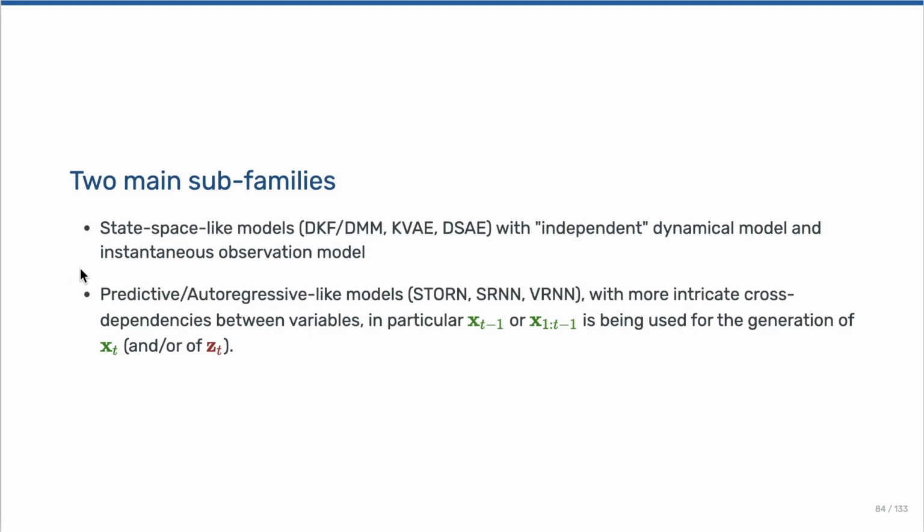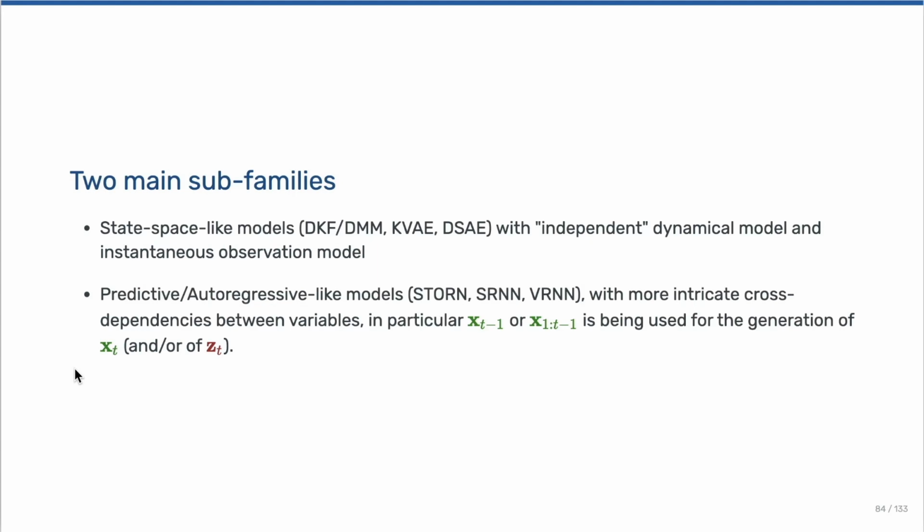And on the other hand, we have predictive-like or autoregressive-like models, STORN, SRNN, VRNN, with more intricate cross-dependencies between variables, in particular xt-1 or x1 to t-1 is used for the generation of xt and/or for the generation of zt. Of course, we can expect those two kinds of models to behave a bit differently, and we will come back to that when presenting some experiments in part 4 of this tutorial.